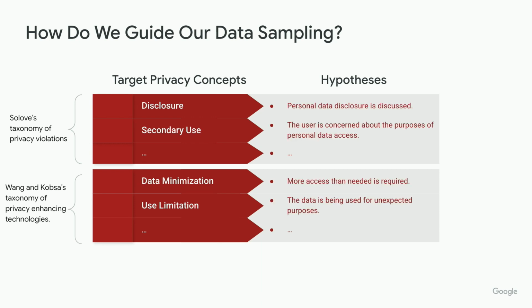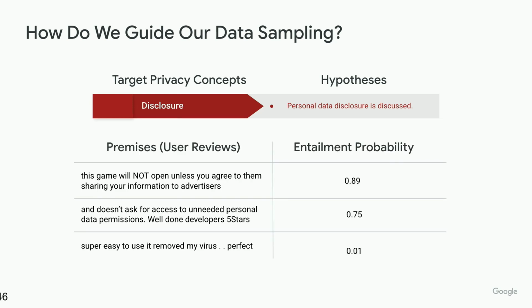For example, personal data disclosure is discussed. And what do we do with that? The idea is to take all the reviews. The reviews become the premises here. And we see, does each of these reviews entail the hypothesis personal data disclosure is discussed? Now, if the entailment probability comes out high, okay, the first one is talking about sharing your information. The second one actually says personal data.